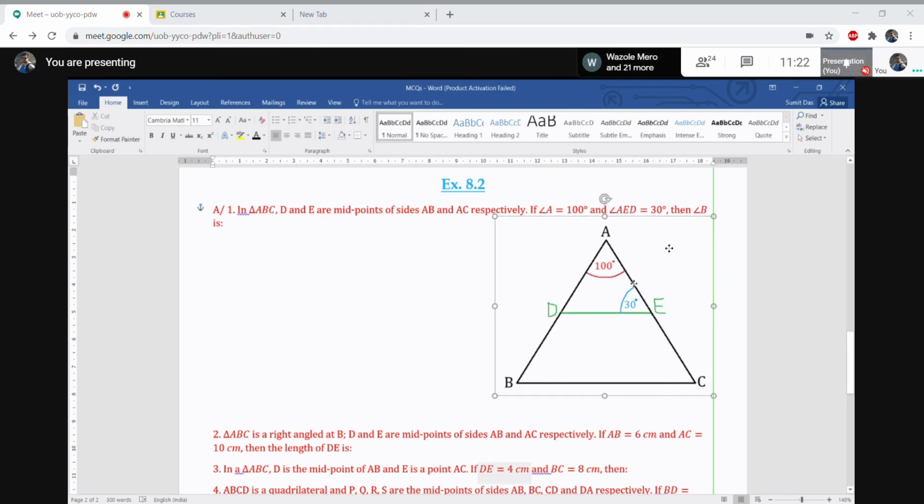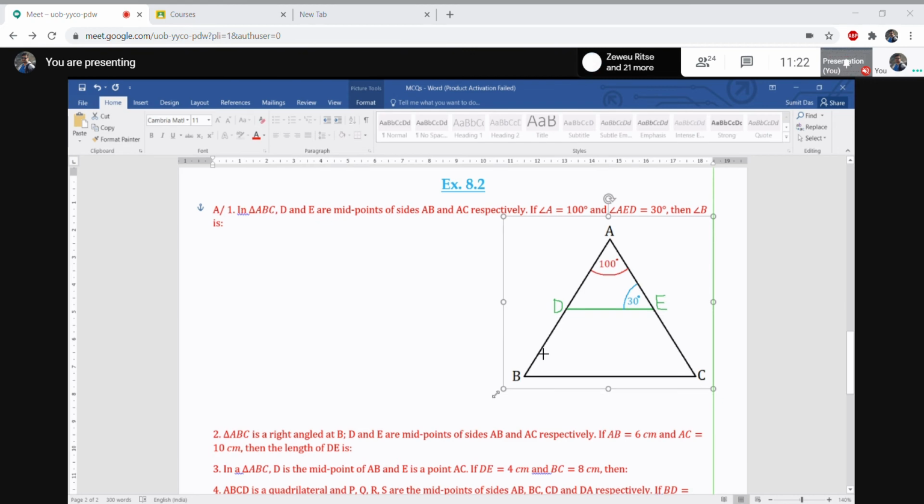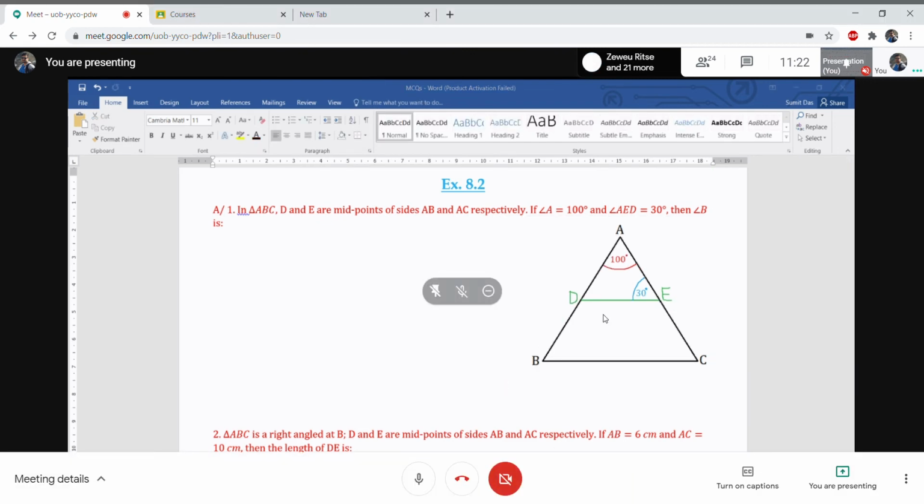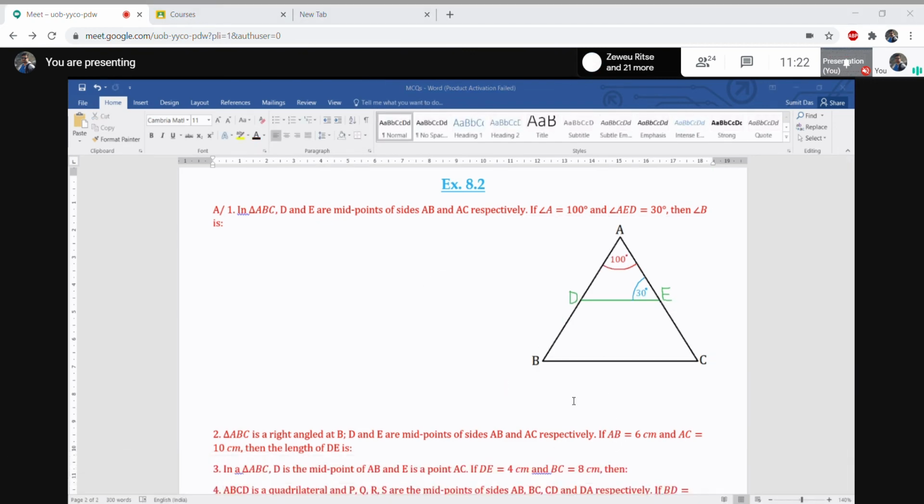We can see in the question it is saying in ABC, D and E are the midpoints of AB and AC. Okay, angle A is given 100 and angle AED is given 30 degree. Okay, so basically we have to find angle B. B means this angle.